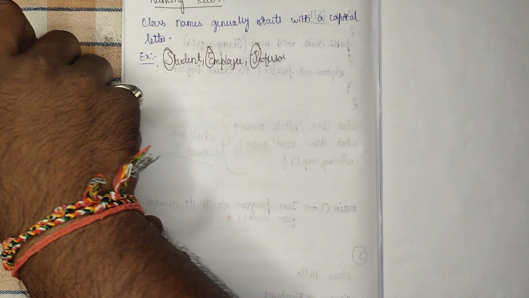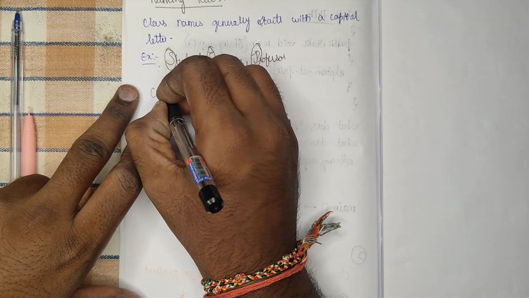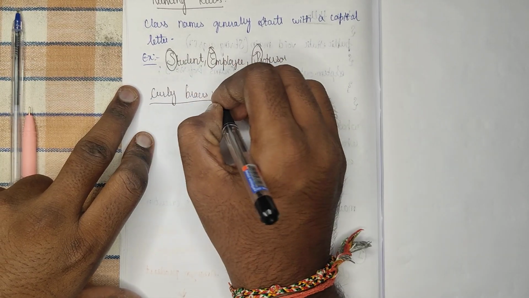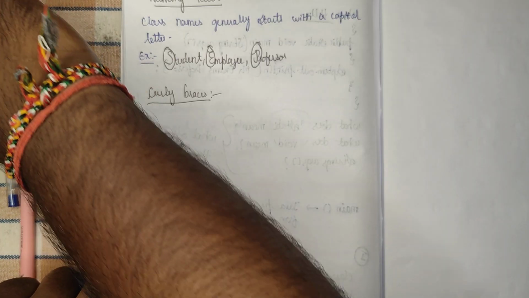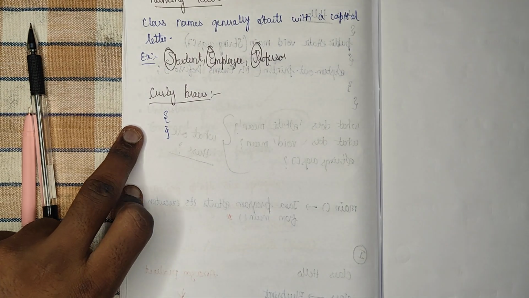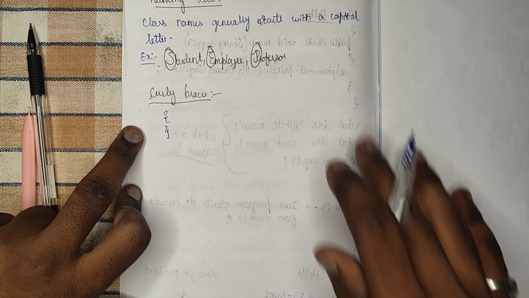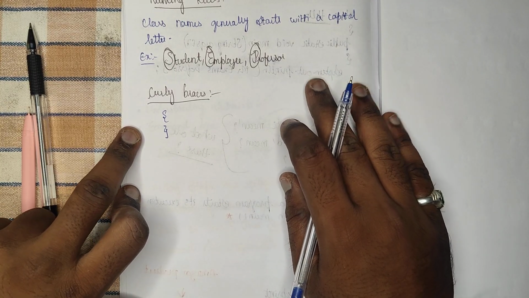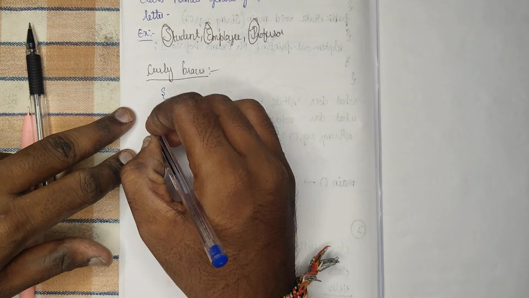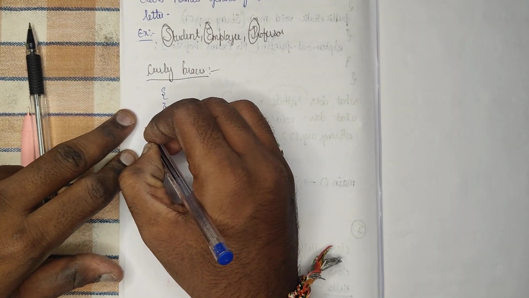Now curly braces. Curly braces are used to define the beginning and ending of a block. I'm writing this down because it is very important for you, and I'm not going to take a chance.